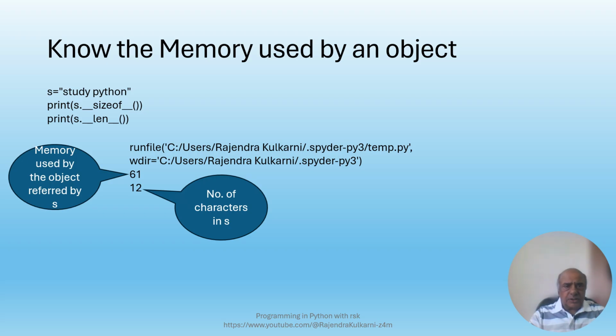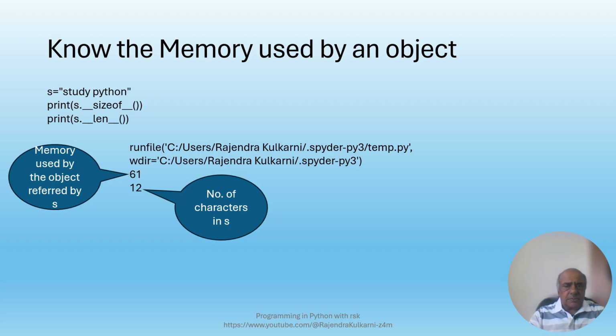When we execute print s dot sizeof, this method gives out the memory used by the object. In this case it will be study, then a space and Python. This object has been assigned 61 bytes of memory for the string named s.